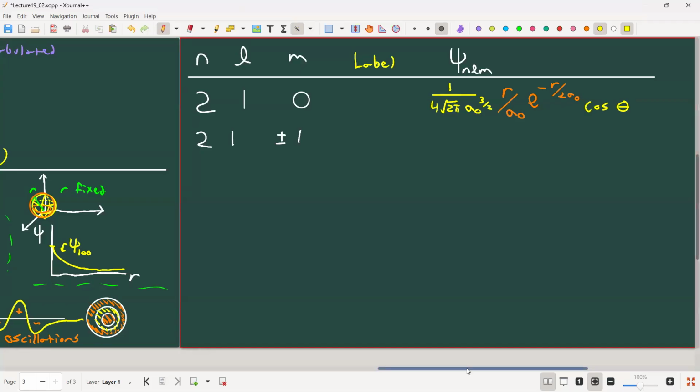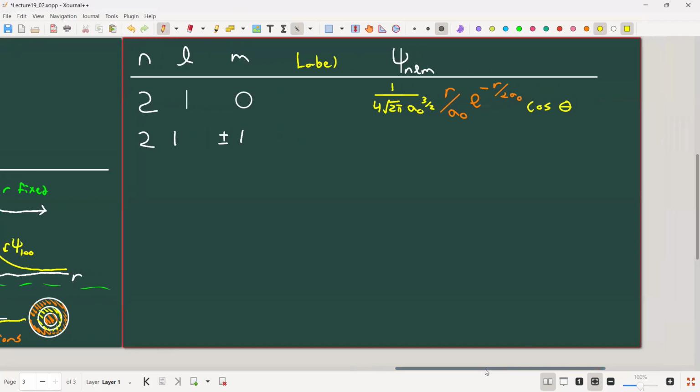Aha, now we have a theta term. So now in our p orbitals, we're starting to see the angular wave function depends on the angle theta, which is the angle relative to the z-axis. Okay, so let's figure that out.